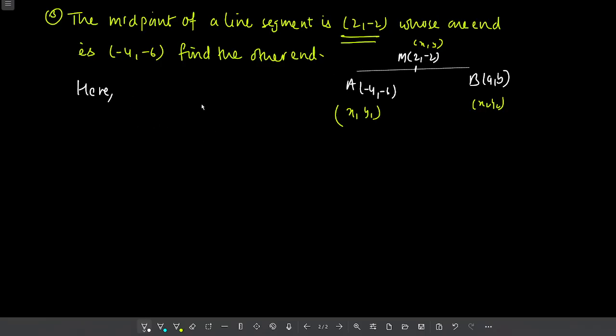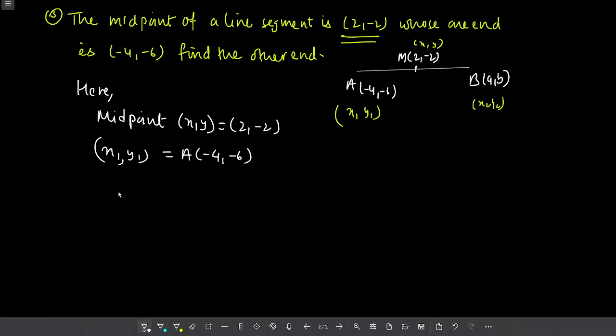Okay, let's write from here. Midpoint (x, y) is equal to (2, -2). This is given information. Next, (x1, y1) is (-4, -6), and (x2, y2) is (a, b).